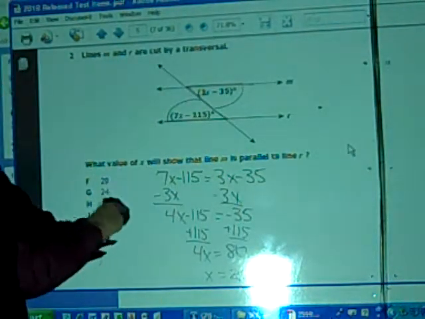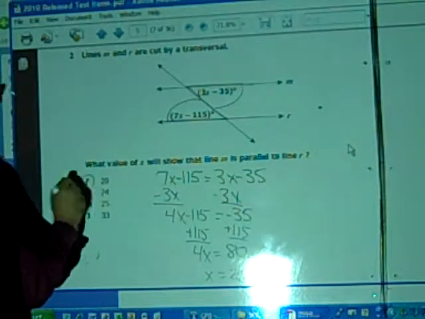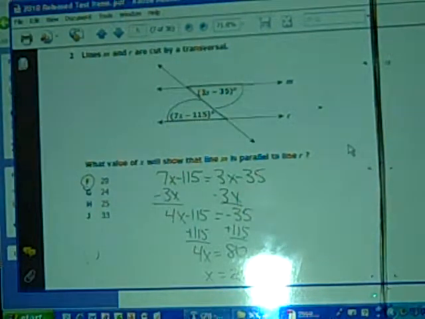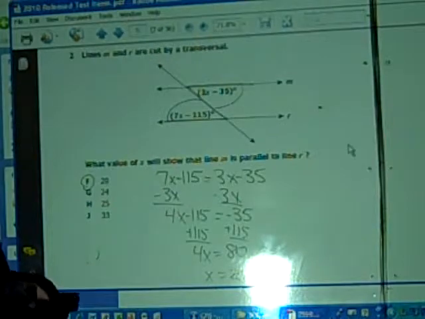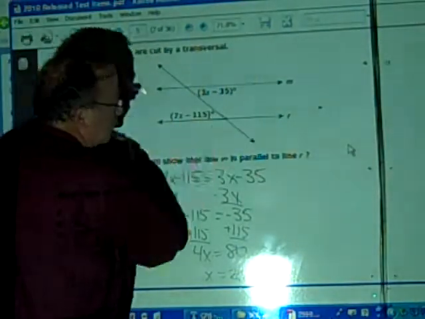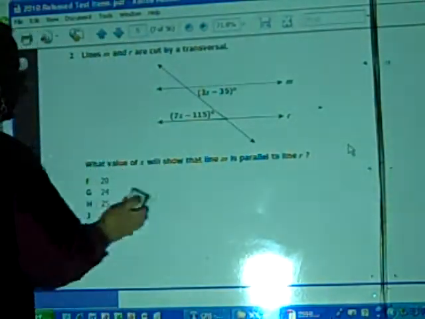And is that what they asked us to find? What value of x? Yes. Your answer is F. And that is number 2. Moving on.